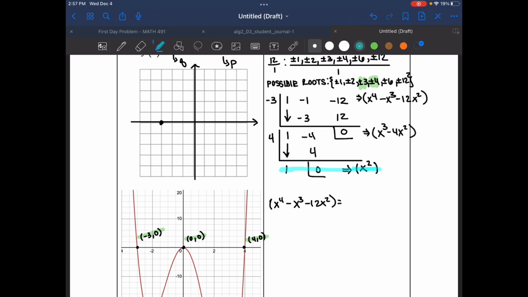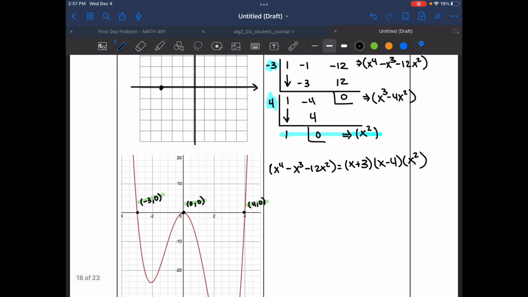You're taking this piece here, right? And you're taking these factors. That's why that didn't work out in my brain. So this is x plus 3 and x minus 4 and x squared. And I'll show you how I got x plus 3 and x minus 4. This is because we have x equals -3.